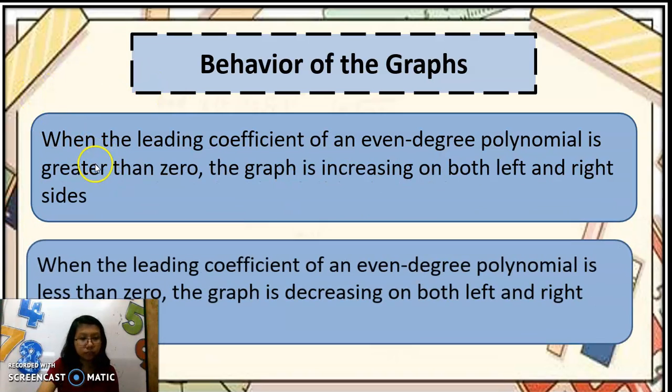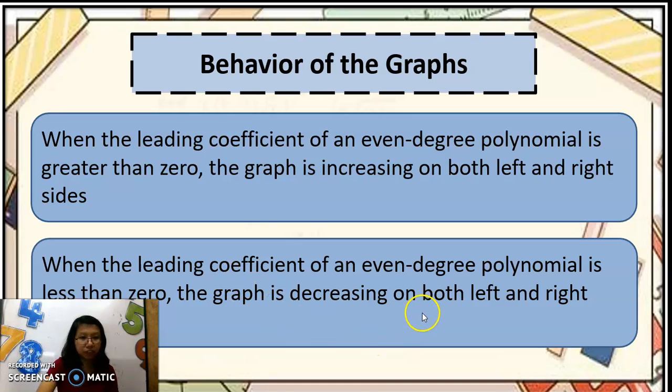Next one, when the leading coefficient of an even degree polynomial is less than 0 or a negative number, the graph is decreasing on both left and right of the graph. So, for an even degree polynomial with a positive value for the leading coefficient, it will be increasing on both sides. But when it comes to an even degree polynomial with a negative value for the coefficient, we have decreasing on both sides.